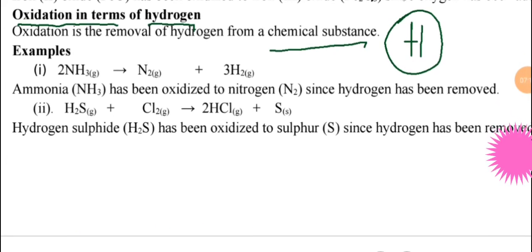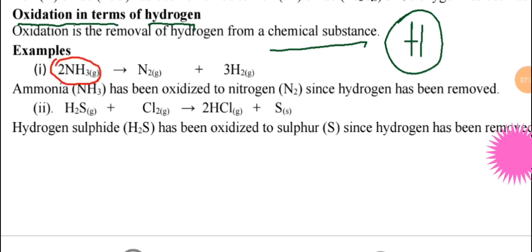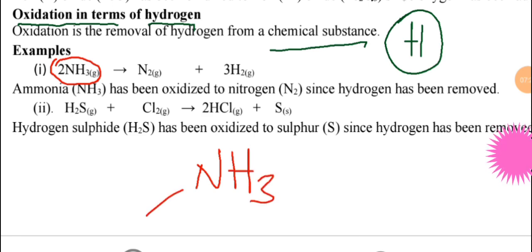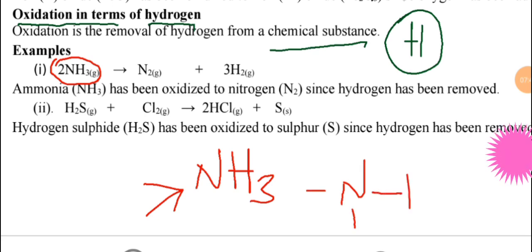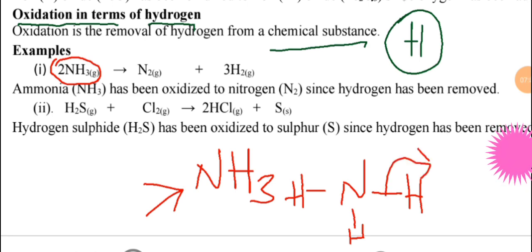For example, we have ammonia. To the nitrogen in ammonia are 3 hydrogen atoms bonded covalently. Now, when we break the bonds in ammonia and remove the hydrogen atoms from the nitrogen, that becomes oxidation.